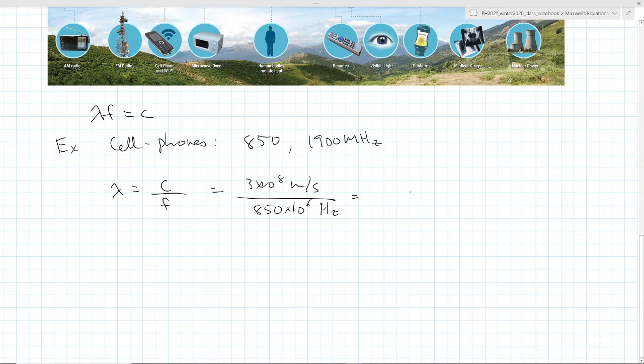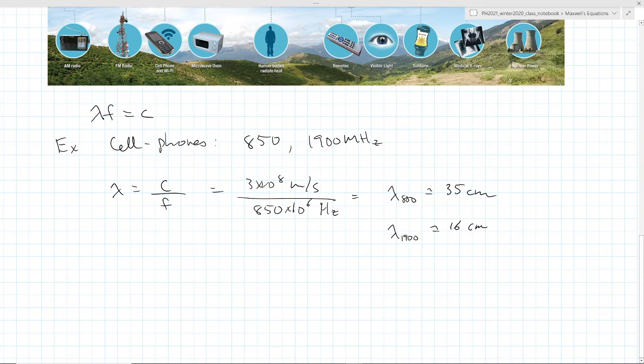So for 850, you would find that this would have a wavelength of about 35 centimeters. If you do this calculation for 1900, you'd find that this would have a wavelength of about 15, 16 centimeters.